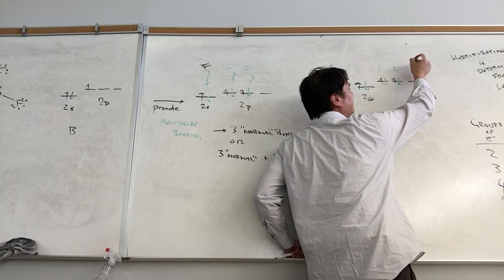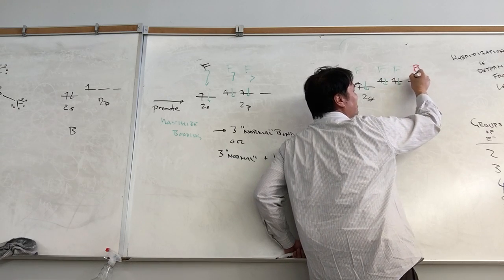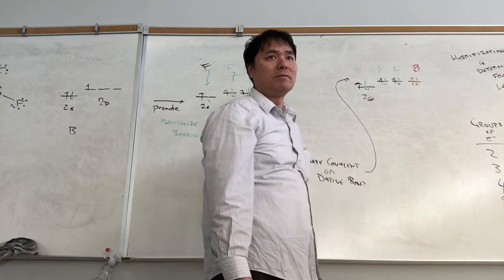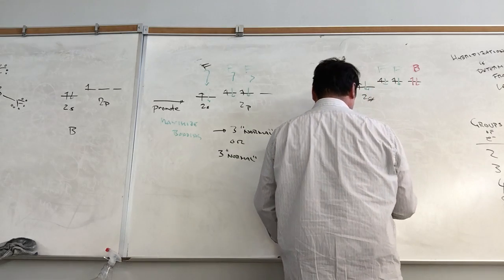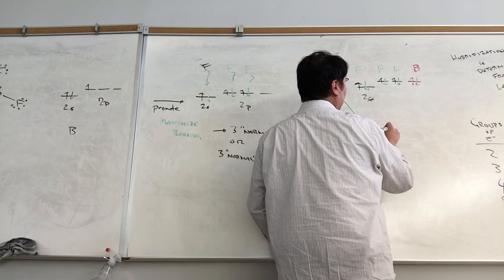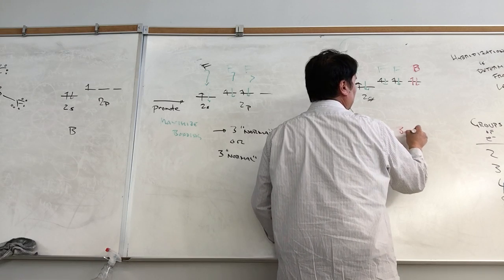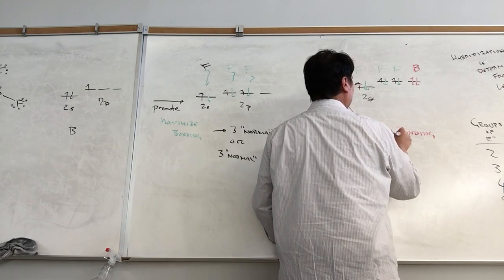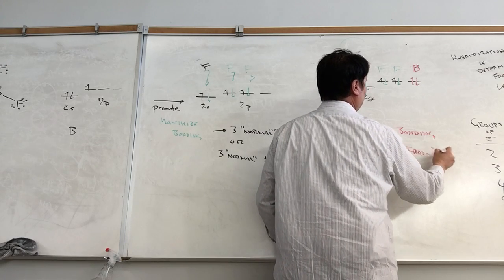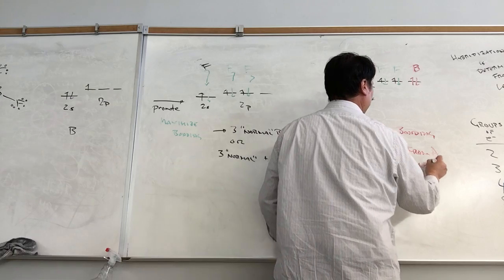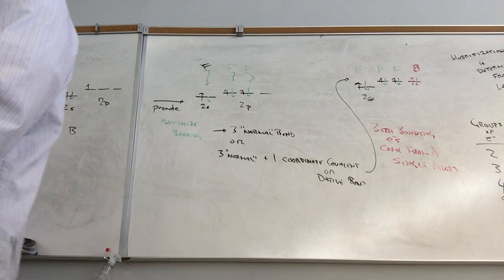The problem is if this other atom, which we'll call B, comes in here, atom B has to supply both electrons for the bond. And so this is what's called a coordinate covalent bond, where both bonding electrons come from a single atom, in this case, atom B.